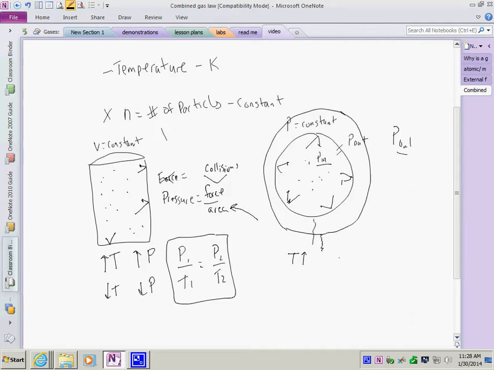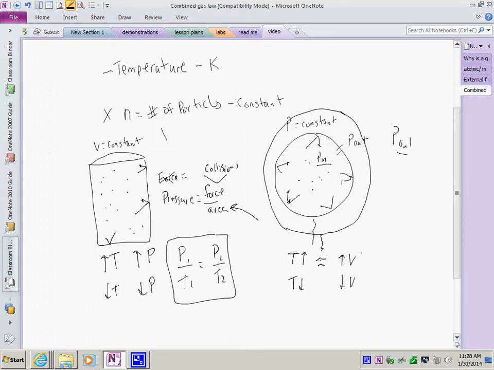So in this case, an increase in temperature caused an increase in the volume, or a decrease in temperature would cause a decrease in volume.